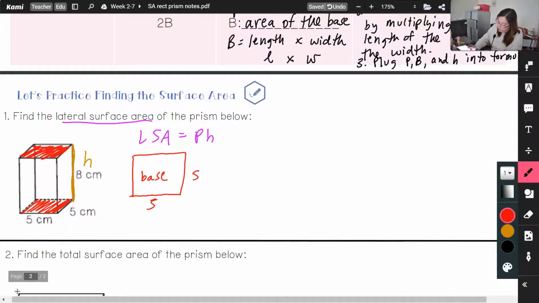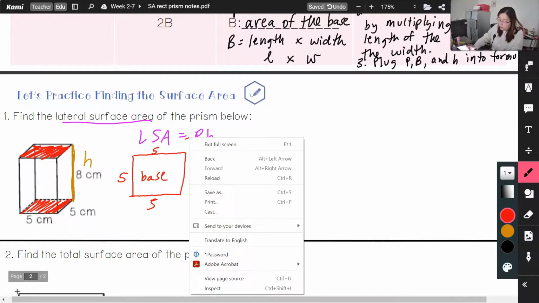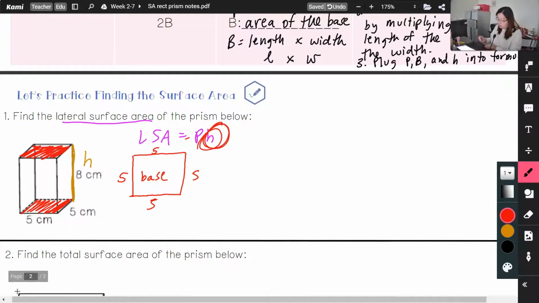Since this is 5 and 5, the two opposite sides also need to be 5 and 5, so this is a square. This helps you to really see that these are the numbers that you use for perimeter and for area of the base. That height, that 8 centimeters, is not part of this rectangle, so we're going to ignore it. We only use it once here in the formula. Aside from that, H should not be anywhere.